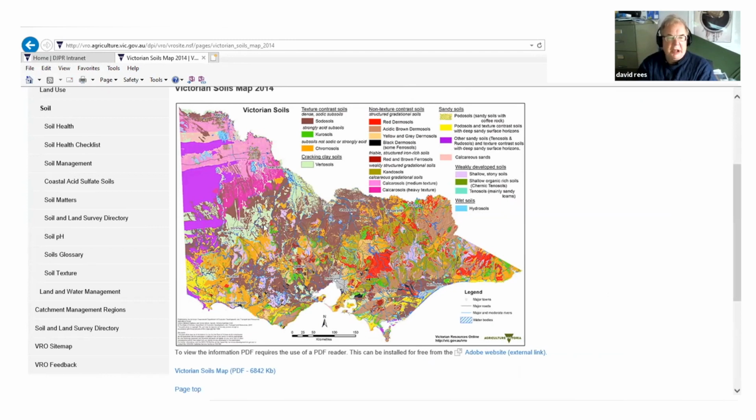It's roughly at about 1 to 250 scale, but it gives you an idea. So if you're in that brown area there, for example, that brown area is sodic soils, which means texture contrast soils that have got sodic subsoils, and that will help you hone in on the area or give you an idea of the area that you're going to have a look at.